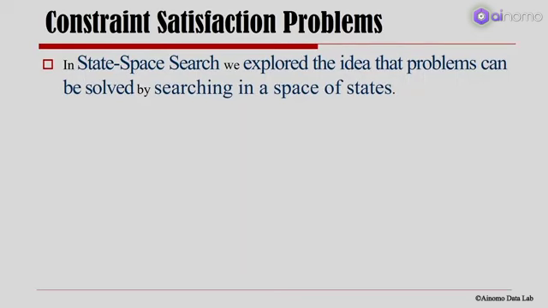Most of the states we have looked at in problem solving as state space search, we can think of each state as a black box, which is assessed only by problem-specific routines: the successor function, the heuristic function, and the goal test.